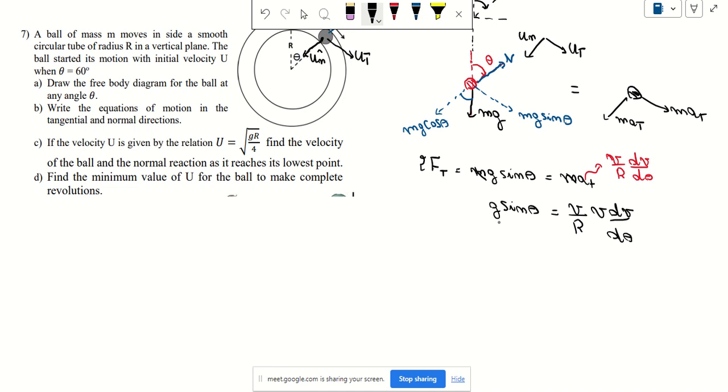On one side I will have g r sine theta d theta, equal to v dv.